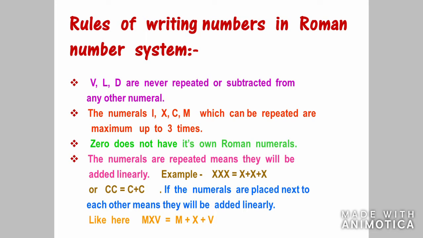Number 4. If numerals are repeated, they will be added linearly. Example, XXX is equal to X plus X plus X, or CC is equal to C plus C. If the numerals are placed next to each other, they will be added linearly, like MXV is equal to M plus X plus V.